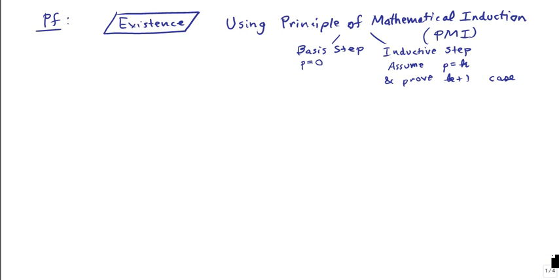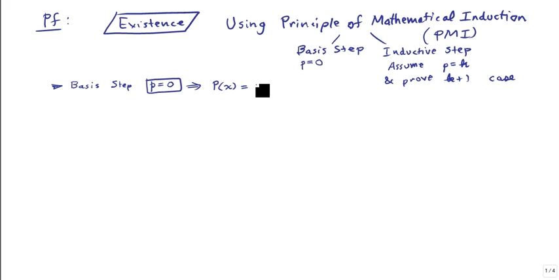So as the basis step, I'm going to show at the level where the degree of the polynomial is 0, p is 0, then it should be obvious that when the degree of the polynomial is 0, the polynomial itself has to be a constant, okay?